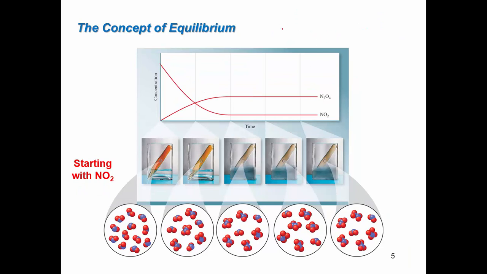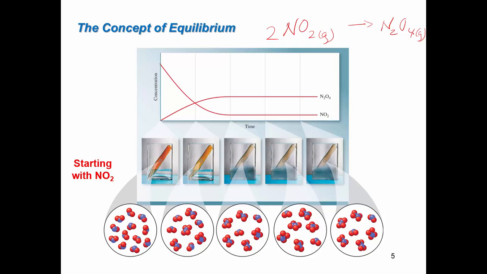Now, if we were to take this in reverse, so this was our forward reaction, this is what we showed on the previous slide. Now we're going to start with our NO2 as our reactant, and we're going to form our product, dinitrogen tetroxide. So we flip-flopped. This is the reverse reaction.